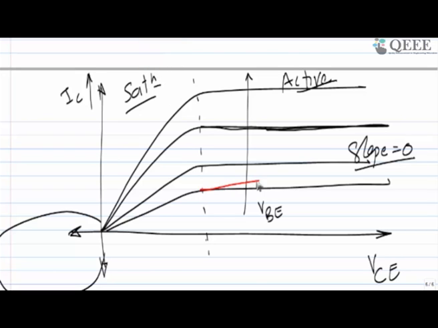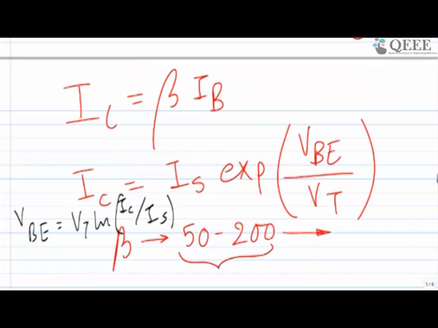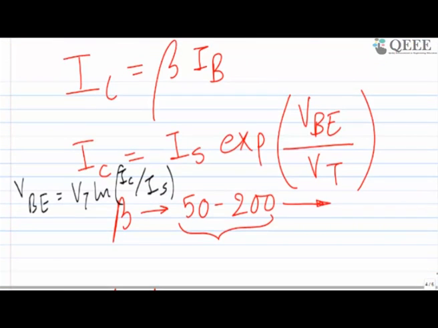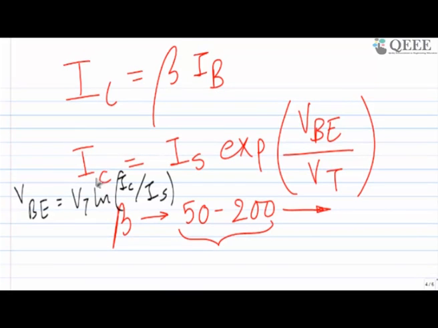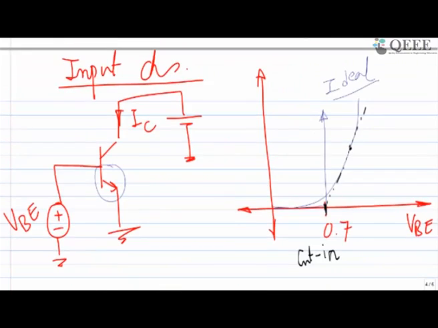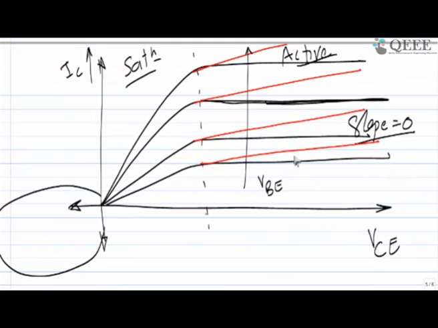Your characteristic in saturation will have some slope, or there will be the control of VC on IC. Otherwise, if you look at our collector current equation, there is only the role of VBE, there is no role of VCE. But I am saying that in reality there will be some role of VCE on IC.